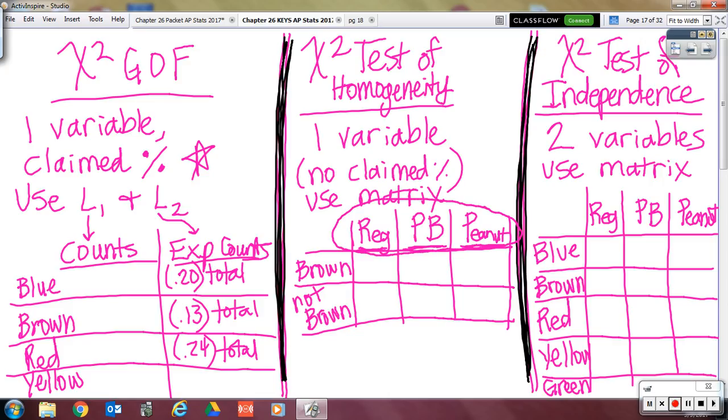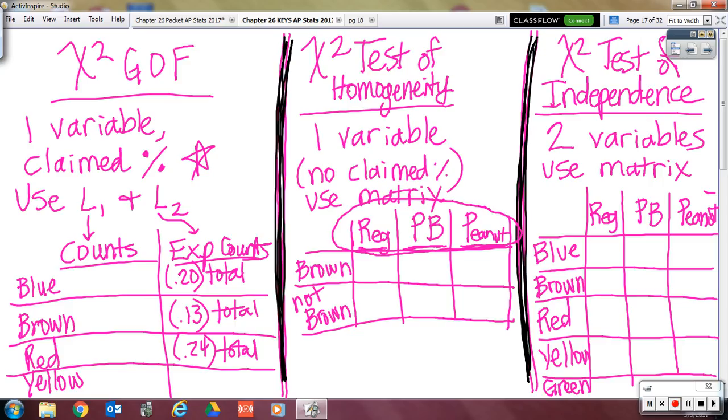Today, which is this farthest one here on the right, the chi-squared test of independence, we have legit 2 full variables. So we will still use the matrix. Everything is done the same: the computation, the conditions, everything is the same except for what you call it and some of the language that you use. But look at the difference of how this matrix looks.